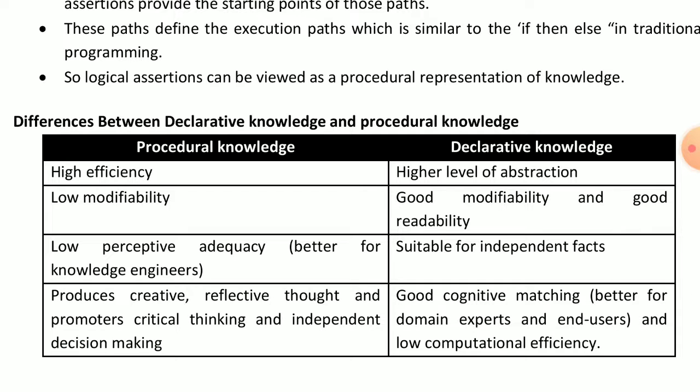And declarative knowledge has good cognitive matching, meaning it is better for domain experts and end users, and has low computational efficiency. Okay, so this is the difference between procedural and declarative knowledge.